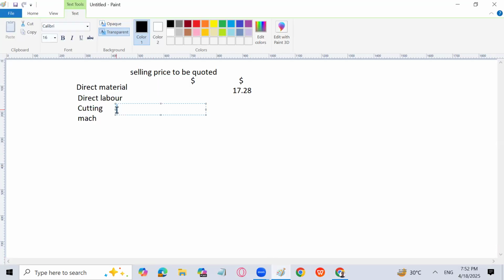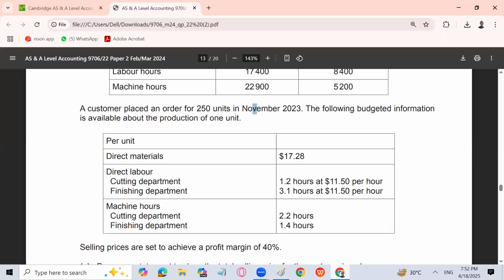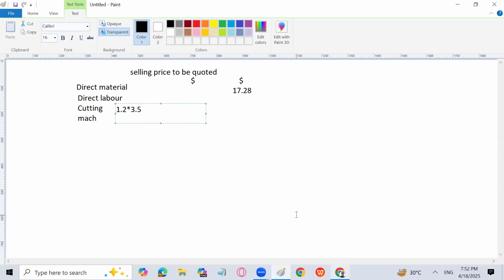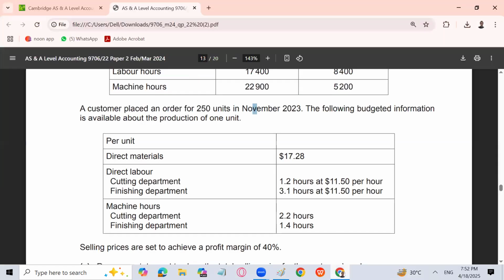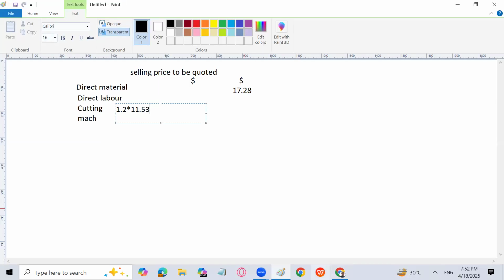1.2 into 11.5 is 13.8, and 3.1 into 11.5 is 35.65.